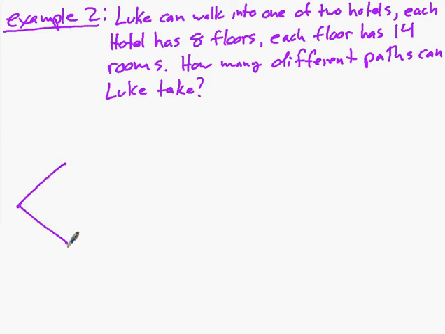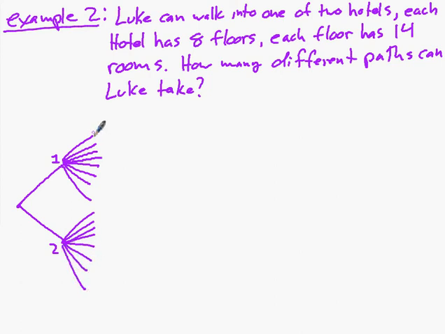We have 2 hotels, so we're going to have 2 branches. Hotel 1, Hotel 2. Each hotel has 8 floors. So we're going to have 1, 2, 3, 4, 1, 2, 3, 4, 8 floors. And that's going to be true for both hotels.